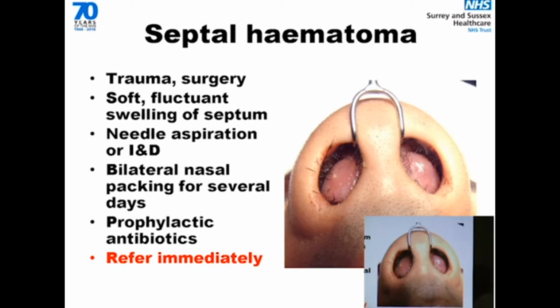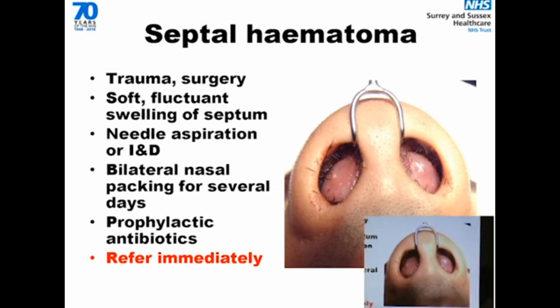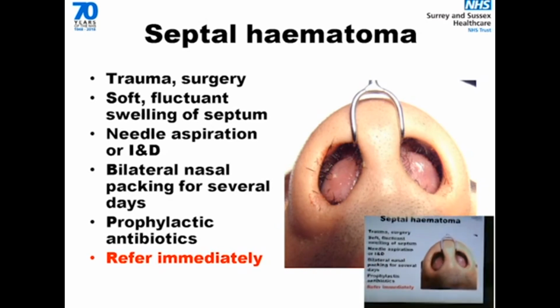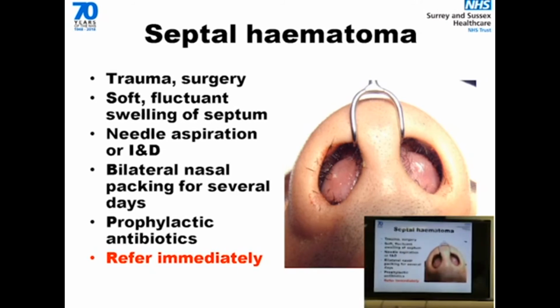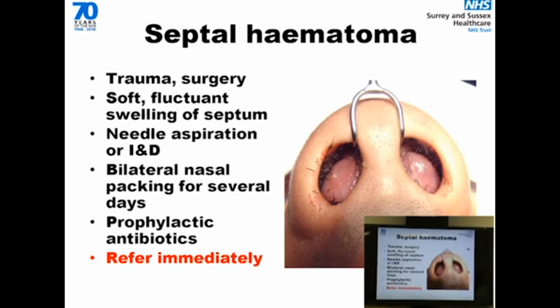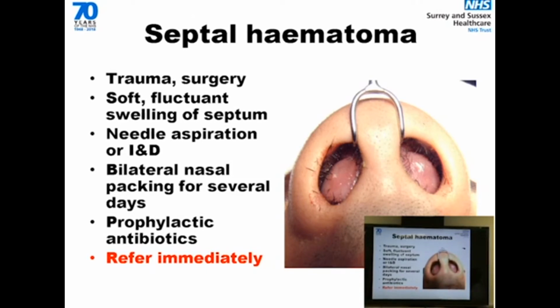The problem is that if it is not drained, it can get infected, lead to necrosis and extensive damage to the septal cartilage, and the patient could end up with a saddle nose, where the nose just loses its architecture and falls in, which is quite difficult to deal with.